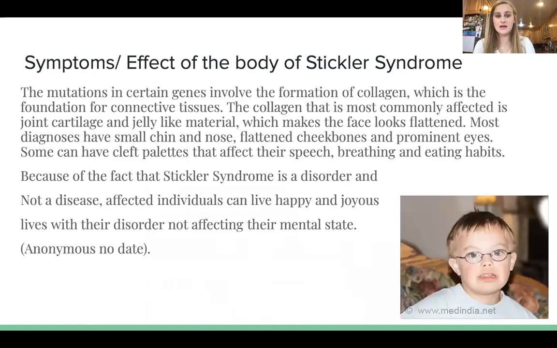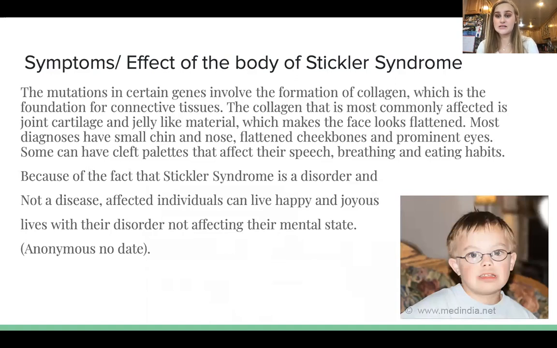So, symptoms that affect the body of Stickler syndrome. I have a picture over here as I'm reading the symptoms that affect the body. The mutations in certain genes involve the formation of collagen, which is the foundation for connective tissues.